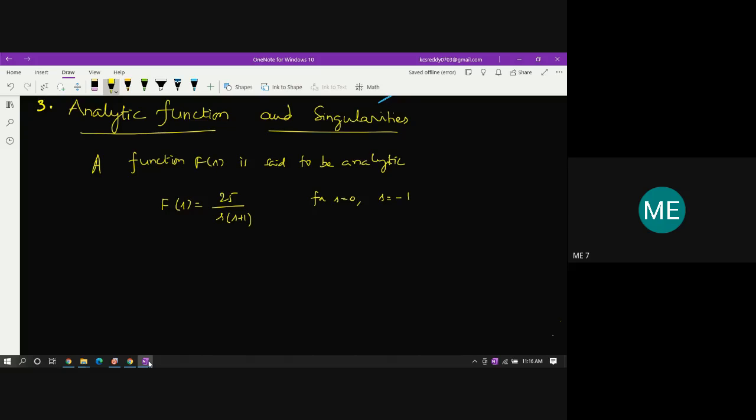So this function is analytic at all the points except these 2 points. Why?